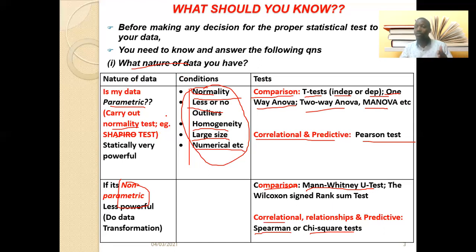And you have several transformation types. You can go for logarithm transformation, square root transformation, arcsine transformation, and others. I will explain this one in the next series. But what I'm trying to show you is that when deciding on the proper methods or statistical tools for analysis of your data, you need to consider these highlights.